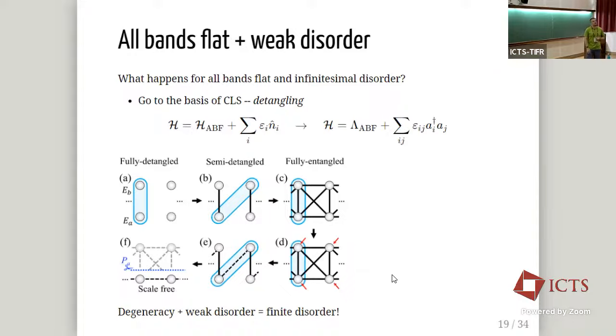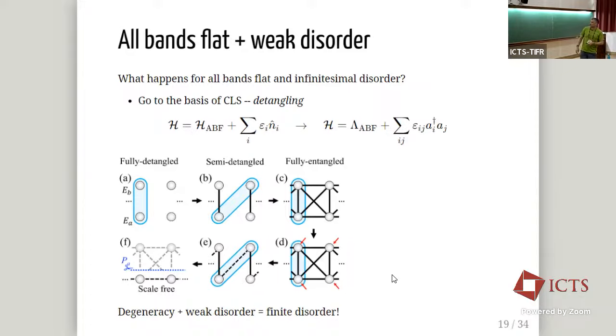That's where the fact that these all-band flat lattices can be constructed by local unitary transformations comes in helpful. An equivalent statement is that the CLS are orthogonal. So if you take a CLS and shift it, the overlap is always 0.